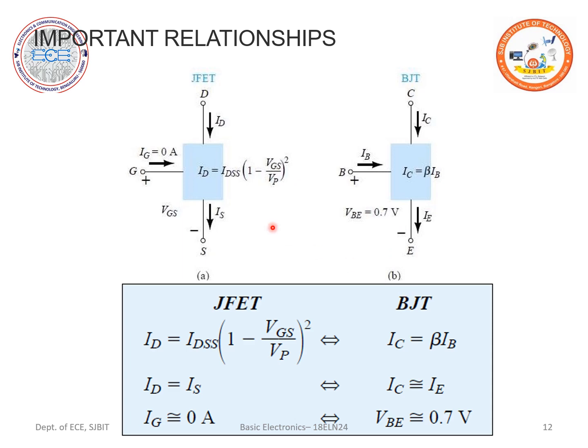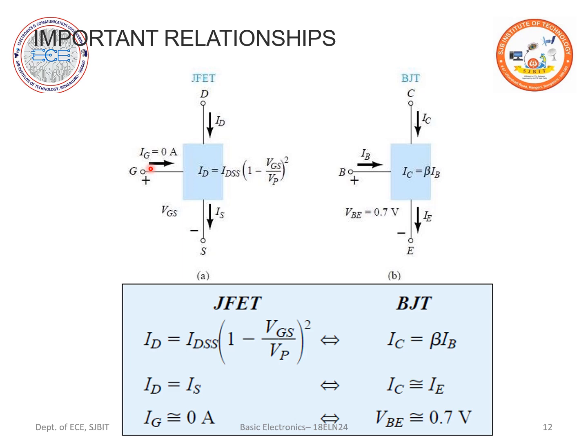The important relationship that we have to study here is, whether it is an N-channel JFET or a P-channel JFET, the respective currents and voltages. The current coming from the drain, we call the drain current.